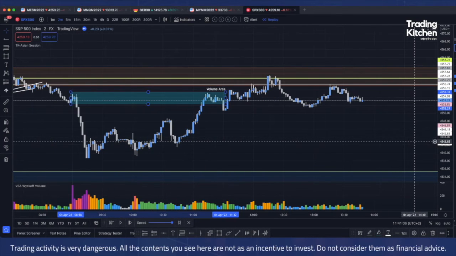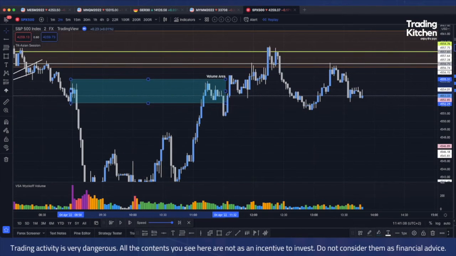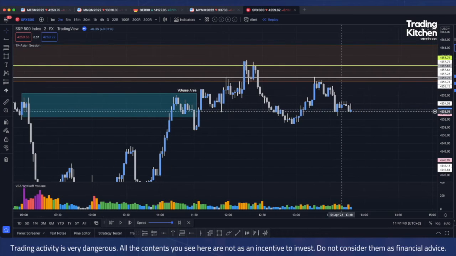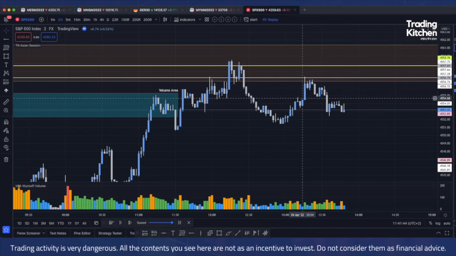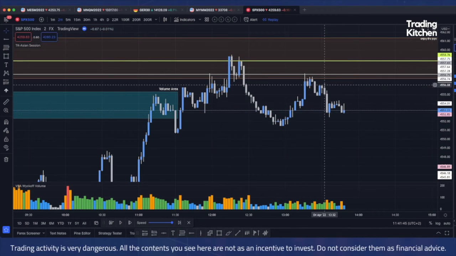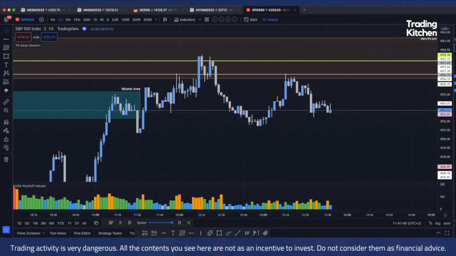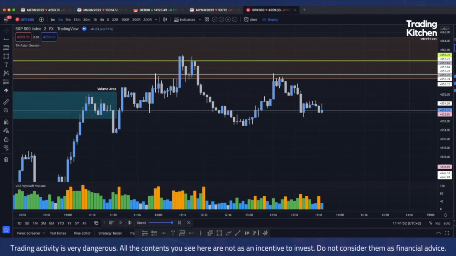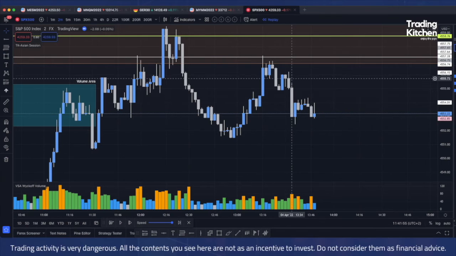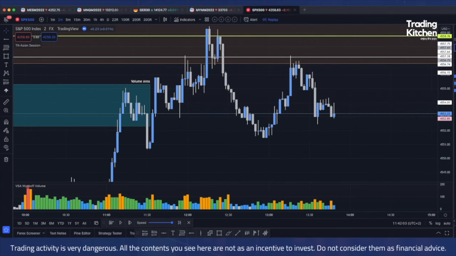And yeah, so this could be good as an intraday pattern. And here as well. Well, I don't like this so much. The body is bigger than the tail, so I don't like it. So I will not enter here.